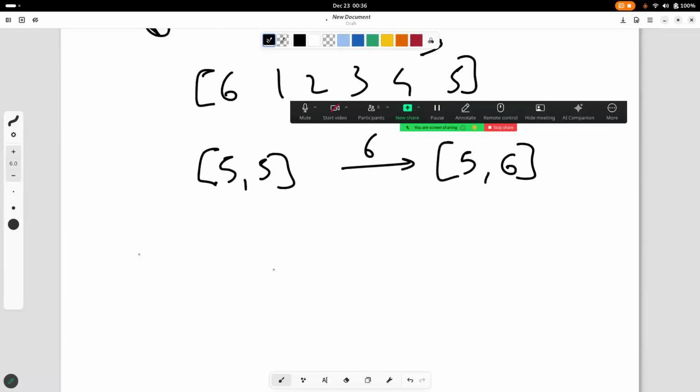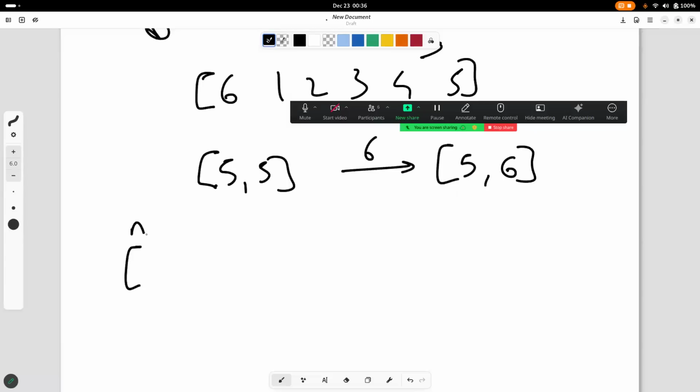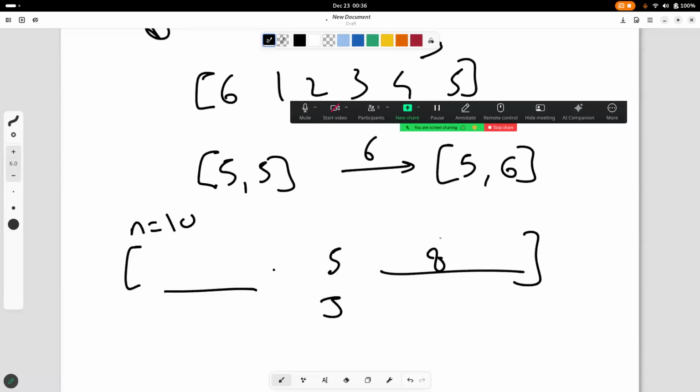In fact, even if you had an array of, let's say, length 10 and 5 was your joker, this is where your joker is. Even if you operated on, say, some number 8, you have two options. You either put it at the end of the array.